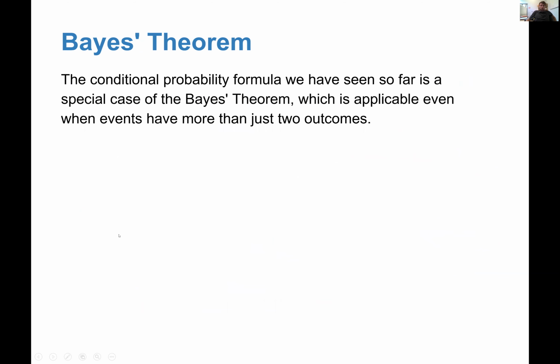So the conditional probability formula we've seen so far is a special case of Bayes' theorem, which is an application even when events have more than just 2 outcomes. So this is that sort of idea of the tree diagram. The first probability is your prior belief.